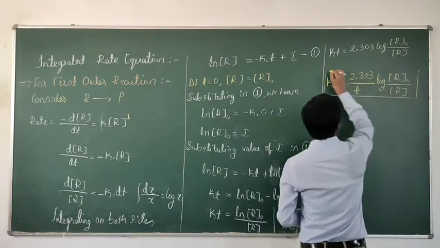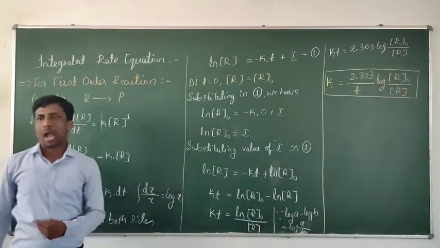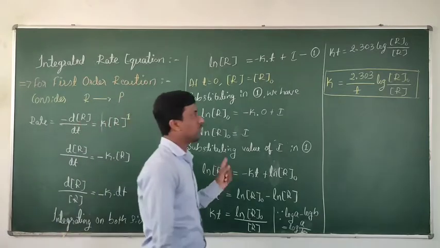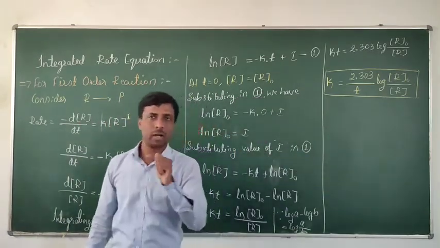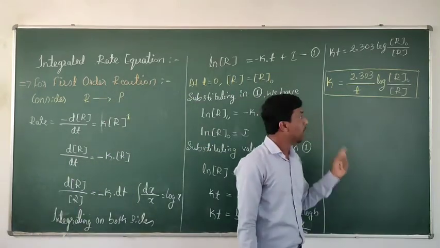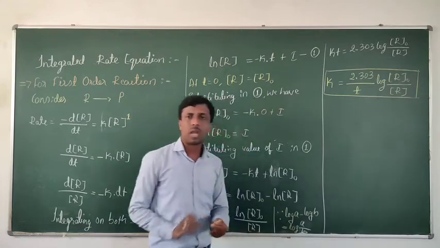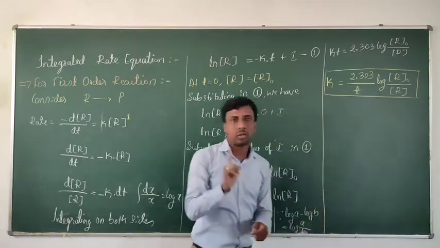Integrated equation of first order reaction. Let us compare with the integrated equation for zero order reaction. That was k is equal to r naught minus r divided by t. Here it is k is equal to 2.303 divided by t into log of r naught divided by r. k is the rate constant for the first order reaction.